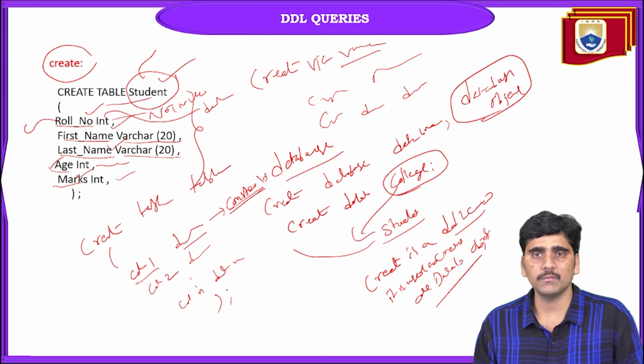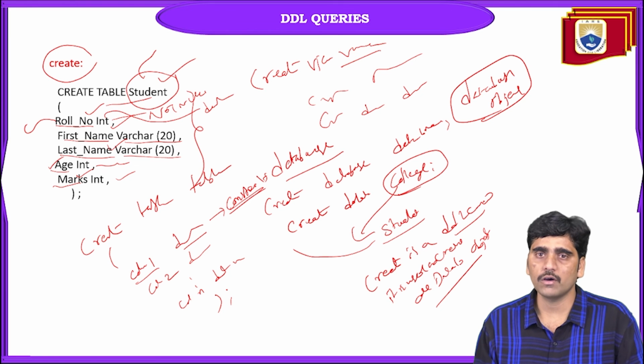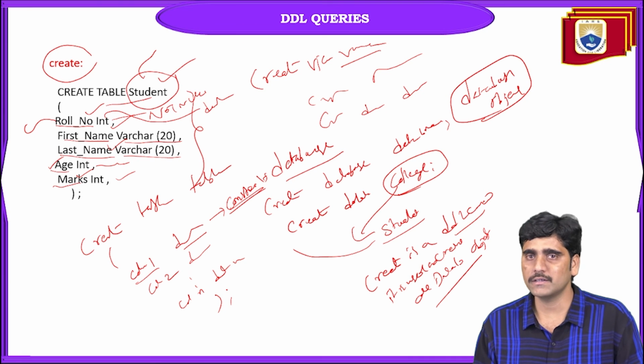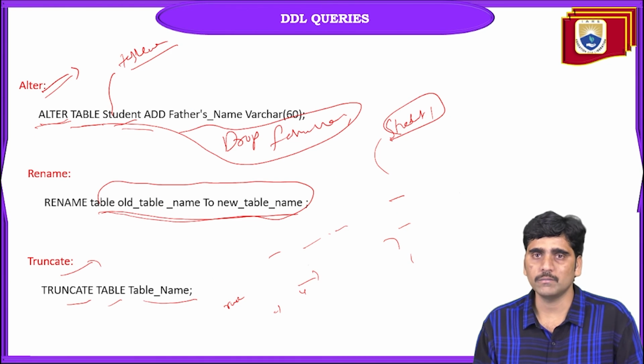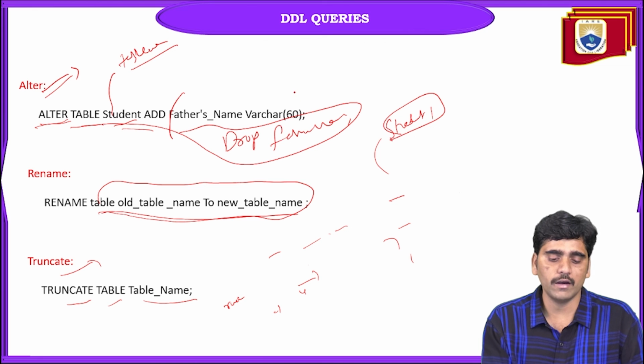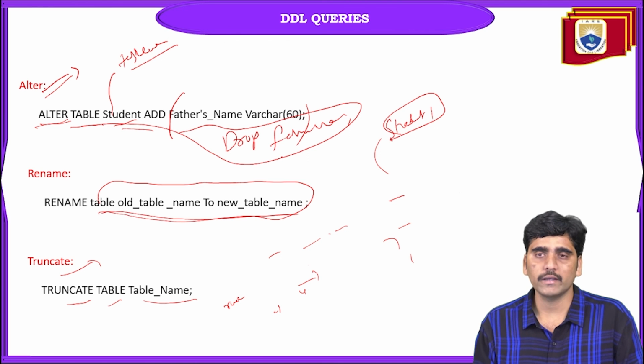To create a table, we must have some column names along with data types. If you want to specify constraints, you can specify them during the creation of the table. For altering the table, it is the same: ALTER TABLE, table name. If you want to add columns, you can add, for example, father's name. You can rename tables from the old table name to the new one with the RENAME syntax.